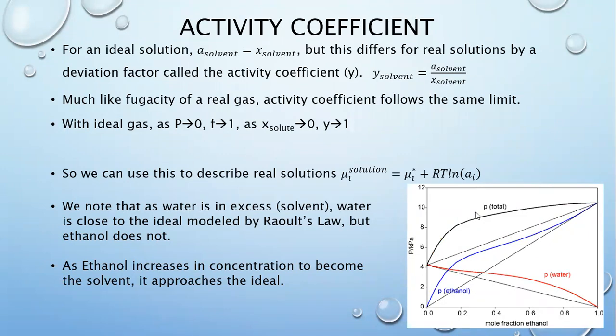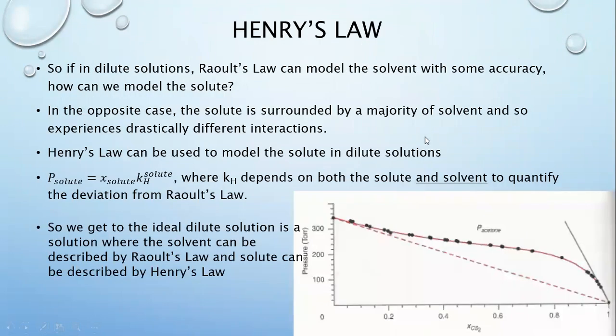But as we get dilute in one way or the other, you can kind of get some accuracy on either end of the spectrum. So the asymptotes are kind of helpful. And that's going to play into what we're going to look at in a bit, which is Henry's law. So in dilute solutions, Raoult's law can model the solvent with some accuracy.